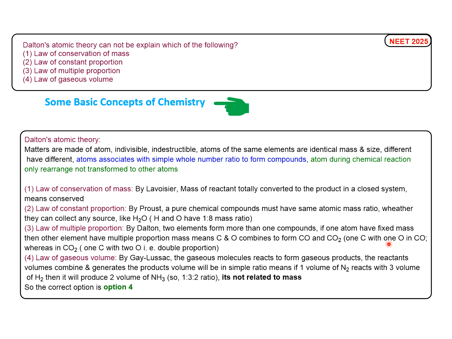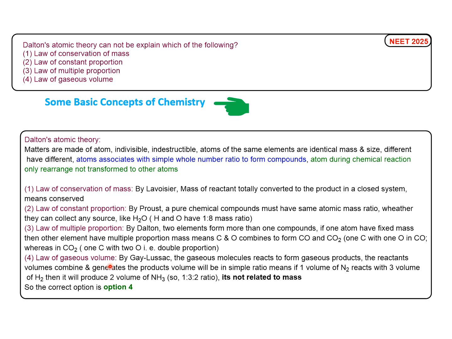One C combines with one O in case of CO, whereas in case of CO2 one C combines with 2 O. That means double proportion, that is the law of multiple proportion. Dalton's atomic theory says that atoms during chemical reactions only rearrange, and do not transform into other atoms. So that satisfies the multiple proportions.